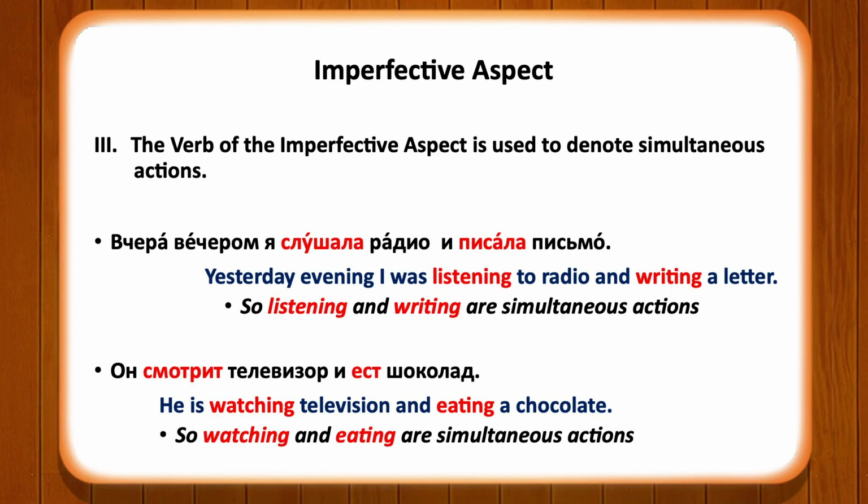So он смотрит телевизор и ест шоколад means he is watching television and eating chocolate. Two actions, watching and eating, are taking place simultaneously. To denote such actions which take place at the same time, you use verbs of the imperfective aspect.